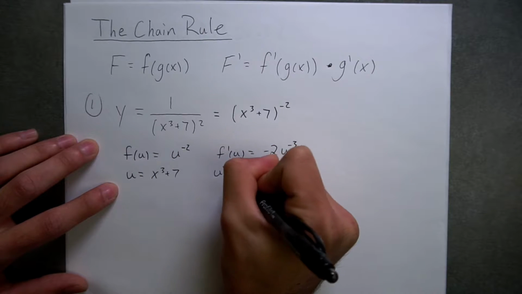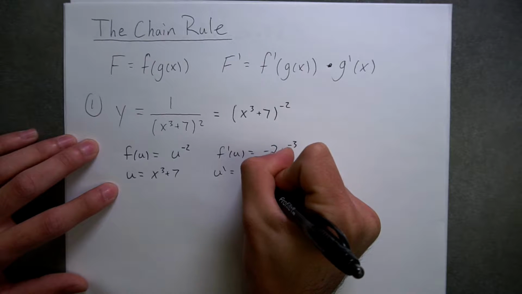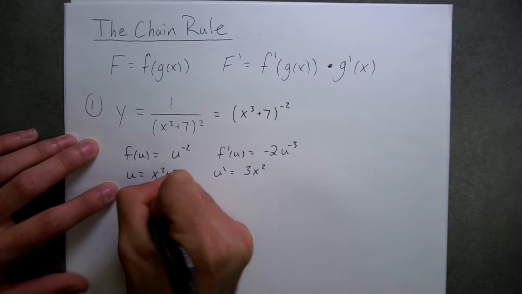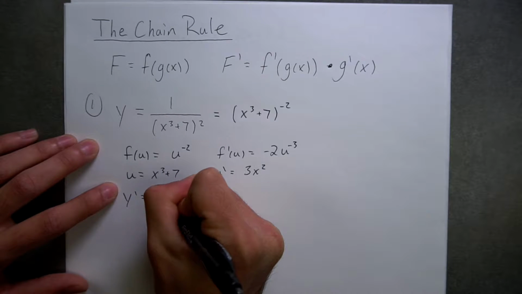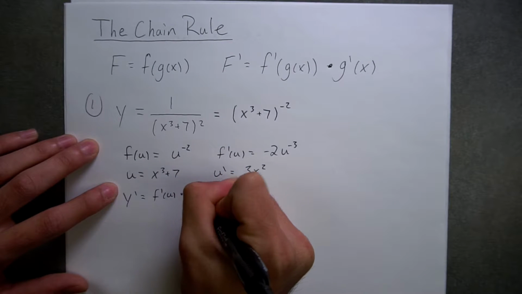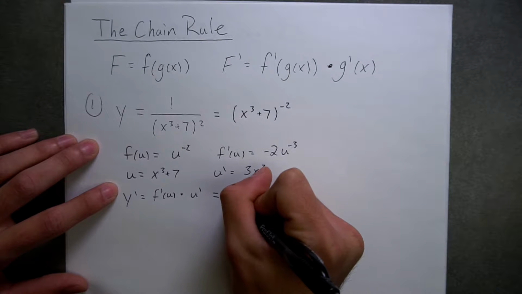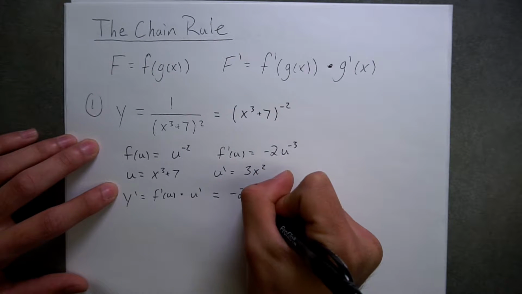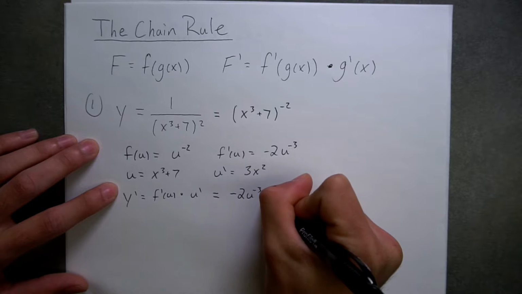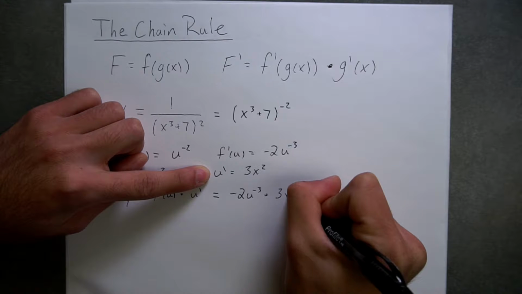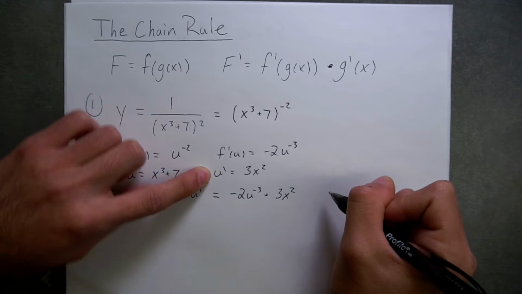So u prime is 3x squared. So y prime is then f prime of u multiplied by u prime. So that's equal to negative 2 u to the negative 3 multiplied by u prime, which is 3x squared.